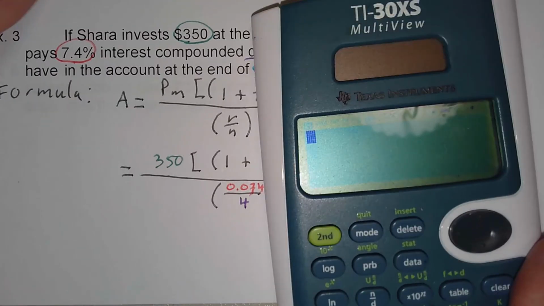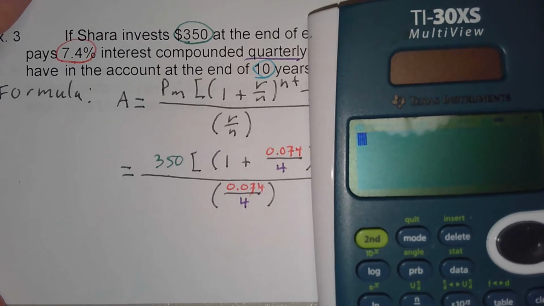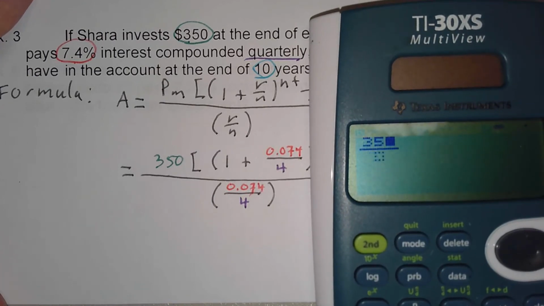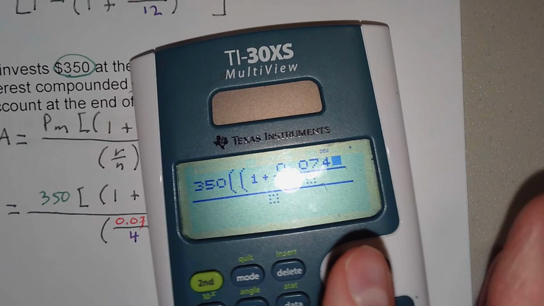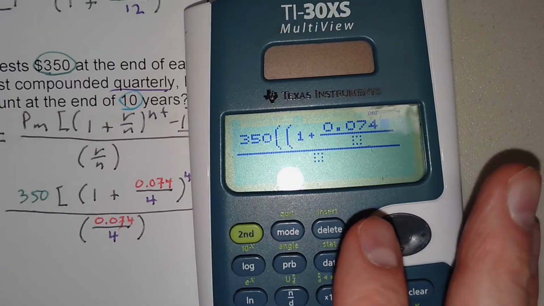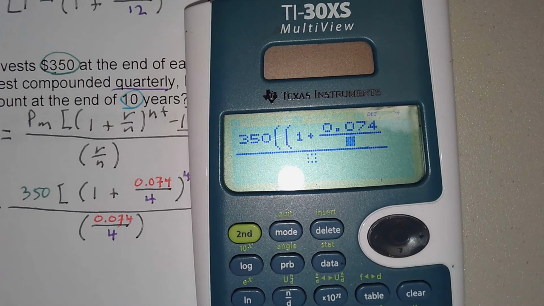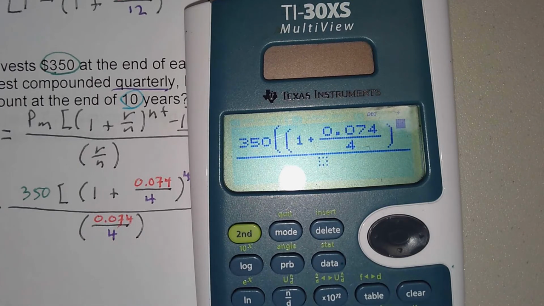Trying to get the lighting better here. So I'm going to do my fraction key, 350, parentheses, parentheses, 1 plus fraction key 0.074, and do a down arrow, that's over 4, close parentheses. We're going to do our caret key for parentheses 10.